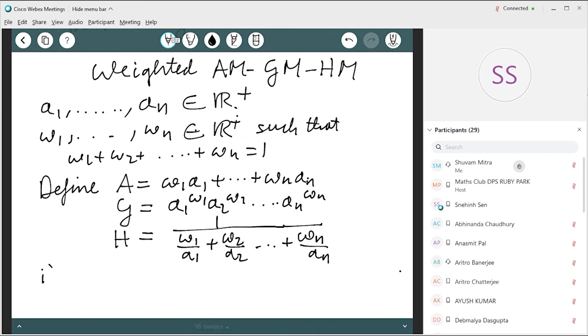So first, a thing which I always ask you to verify: A, G, H are means. Verify this. This is easy, not hard.